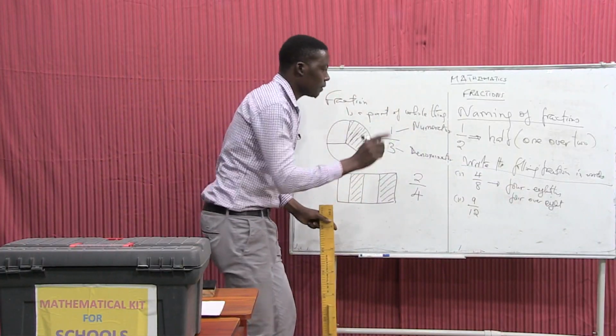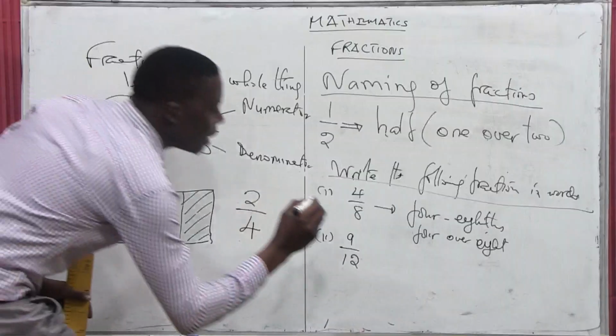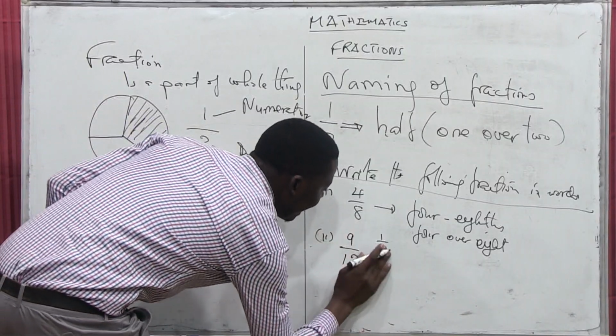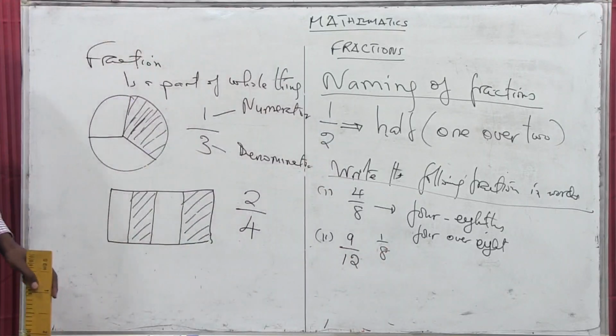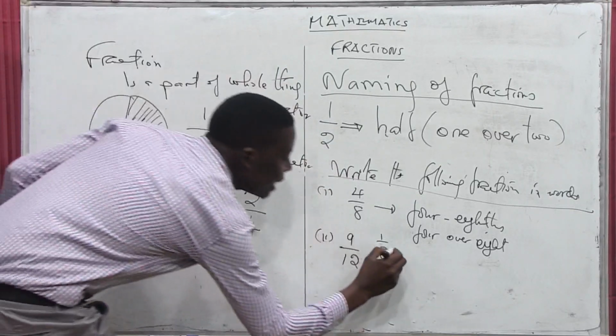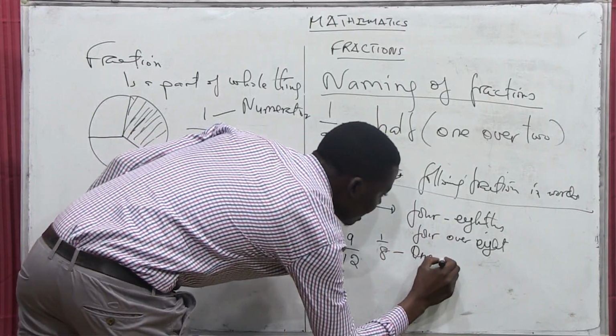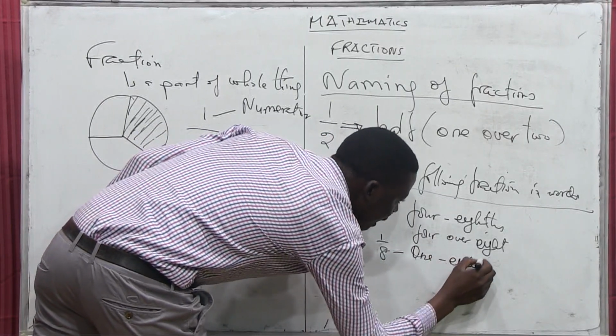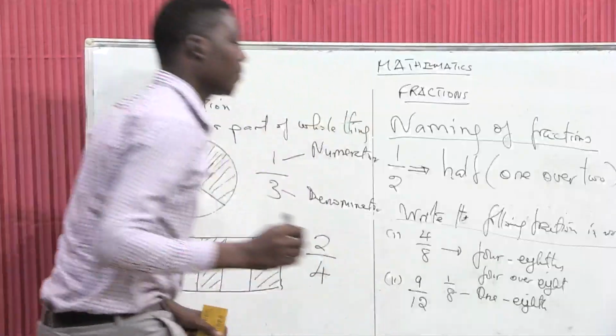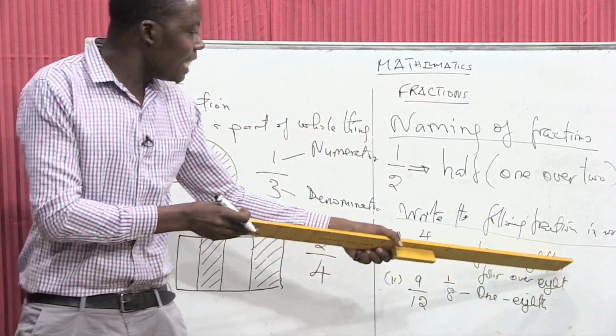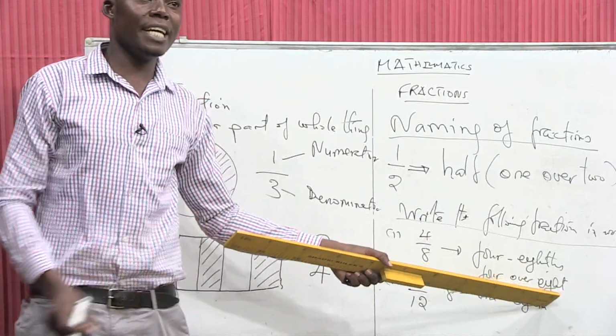For example, if it's 1/8, you say it is 1 eighth. Why here did you add s and here you didn't add s?